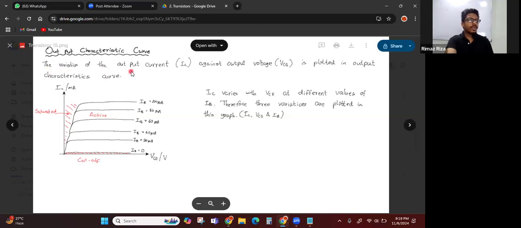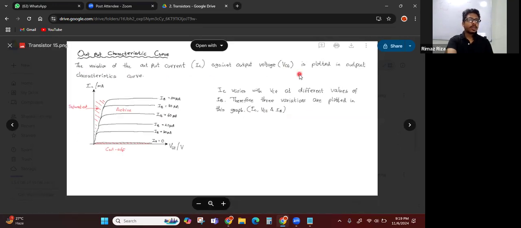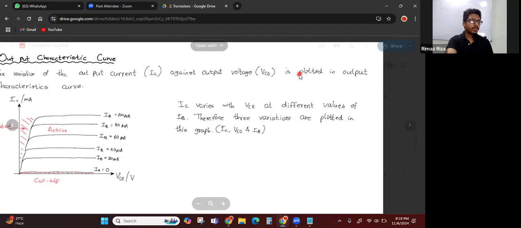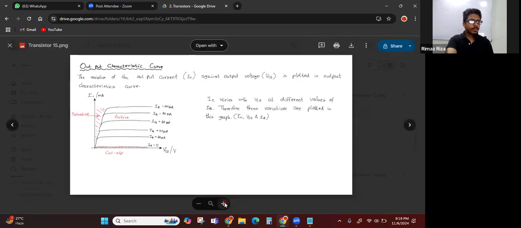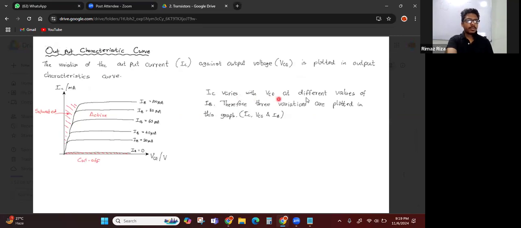The variation of the output current IC against the output voltage VCE is plotted in the output characteristic curve. IC varies with VCE at different values of IB. Therefore, three variations are plotted in this graph: IC, IB, and VCE. I'll explain you first.